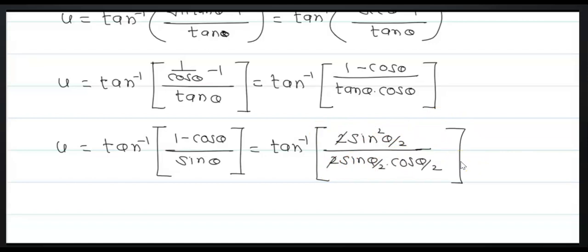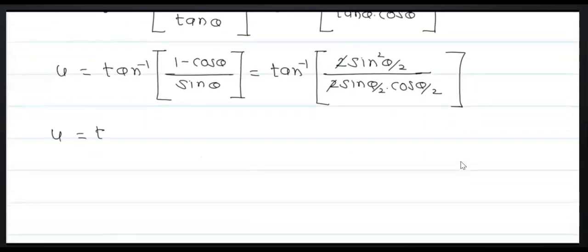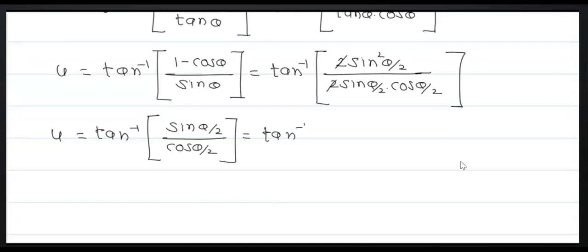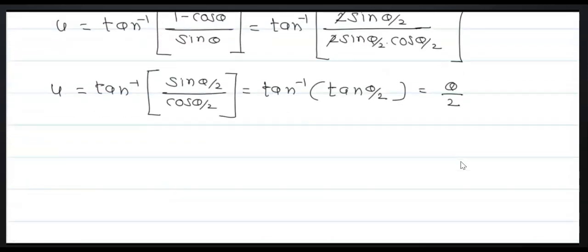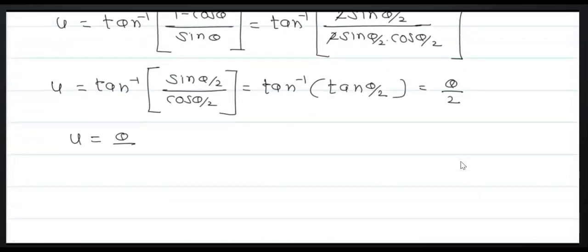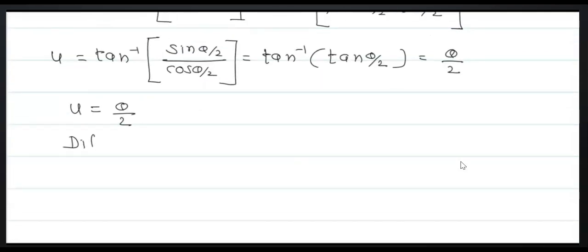In bracket you will get u is equal to tan inverse of sin theta by 2 upon cos theta by 2. That is tan inverse of tan of theta by 2, and that finally is theta by 2. Therefore, what is theta? Theta is tan inverse of x.